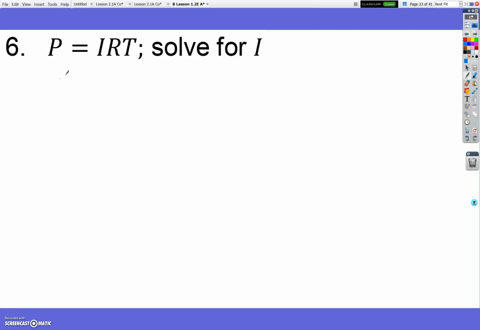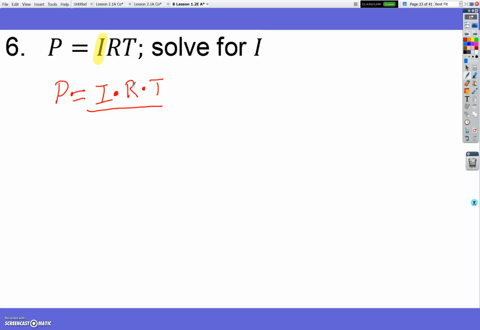So this is saying we need to get the variable I all by itself. So here's my variable I. I'm trying to get that one all by itself. So this is saying P is equal to I times R times T. Well, to get rid of multiplication, I would divide.